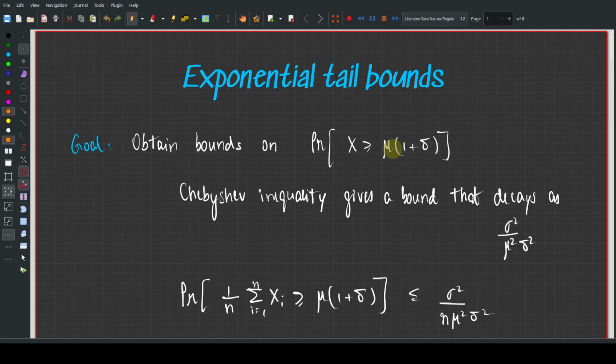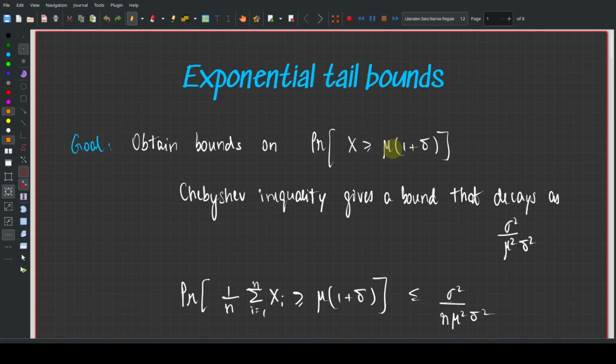We had a bound of the form probability x greater than or equal to t is less than or equal to expectation of x divided by t. We strengthened that to get Chebyshev's inequality, which gave us a 1 over t square kind of dependence, right? So the probability that the absolute value of x minus mu is greater than or equal to t is less than or equal to the variance of x divided by t square.